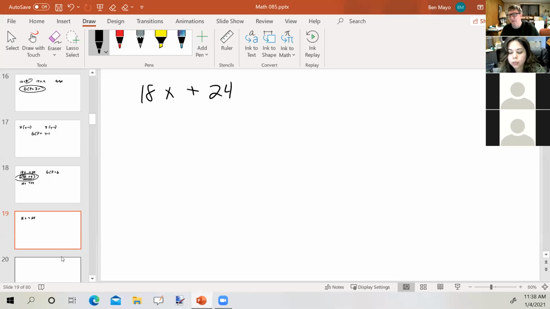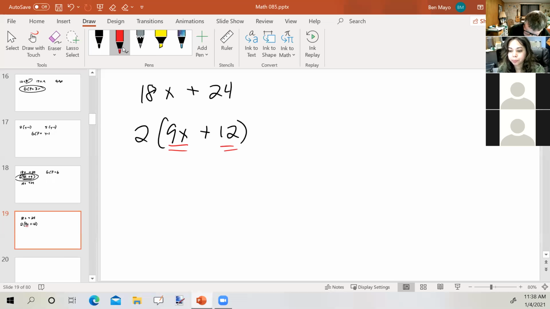I'm actually going to go back and do this problem again. This time I'm going to do it incorrectly just to show you what I'm talking about in terms of checking it. Well, I can see that both numbers are even, so I could take out a 2, okay? The problem is 2 is not the greatest common factor. How do I know? Because if I look at what's left here, I see that a 3 could be taken out of both of those.